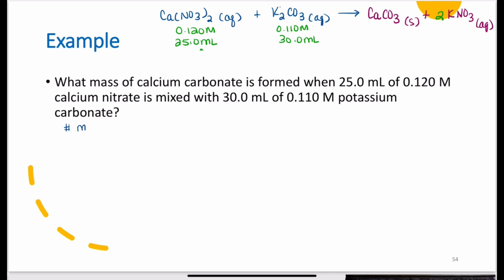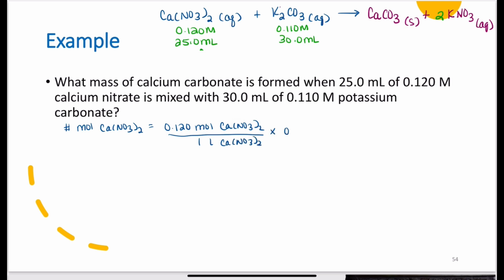So number of moles Ca(NO3)2 is equal to 0.120 moles Ca(NO3)2 to 1 liter Ca(NO3)2.